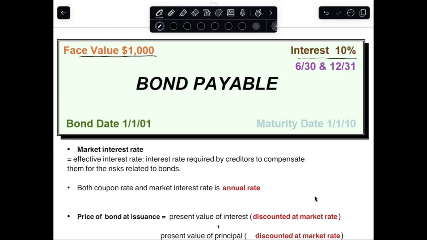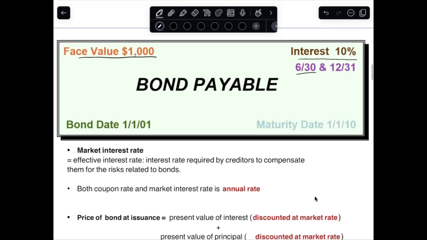So the interest rate is an annual interest rate, 10%, and it will be paid twice every year, on June 30th and December 31st. So there are 2 periods for every year, and each period the company or the government will pay you 5%.